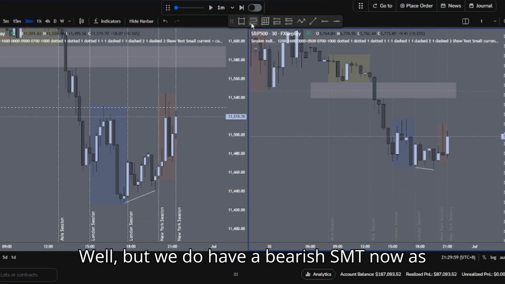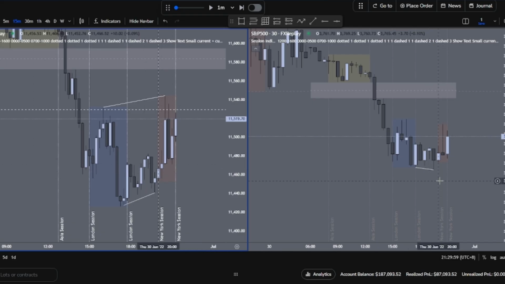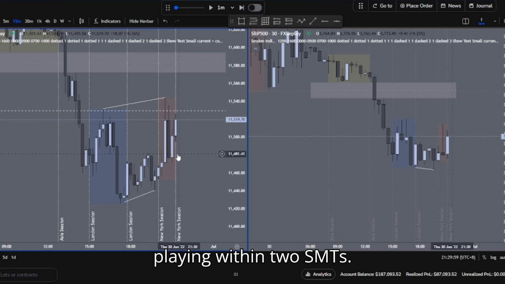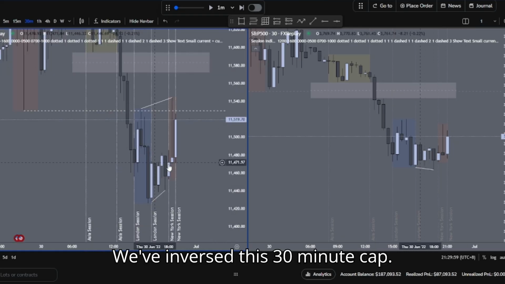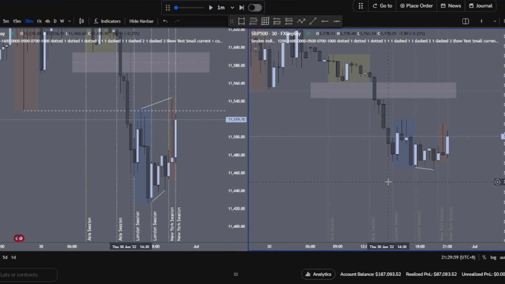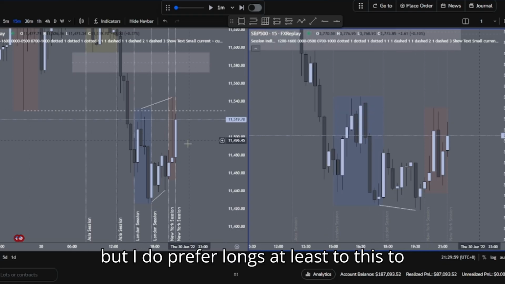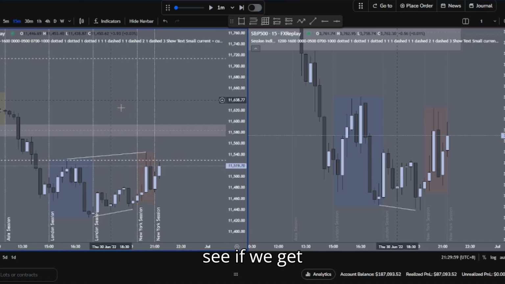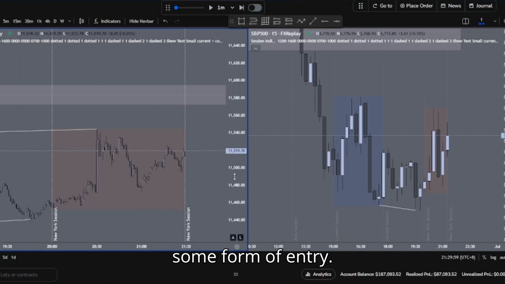Oh, but we do have a bearish SMT now as well. If you look at this, so this is a bit tricky because we're playing within two SMTs. We've inversed this 30-minute gap. This one doesn't have the 30-minute gap, but I do prefer longs, at least to this gap. So let's see if we get some form of entry.